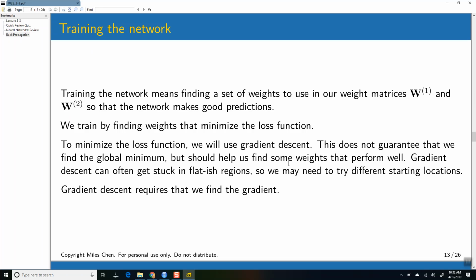People often suggest starting at different starting locations, and that helps. Another issue is that you might end up in a region that is not at the minimum, but is really, really flat, almost totally flat, but not exactly flat.